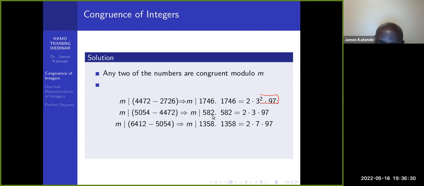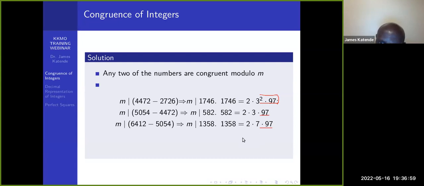So m divides 582. So we do the same for the last one again. The difference between these two will be divisible by m as seen here. But we factorize each of them. 582 will be 2 times 3 times 97. And 1358 will be 2 times 7 times 97. So these are all prime numbers.